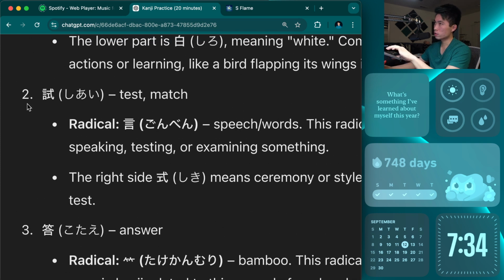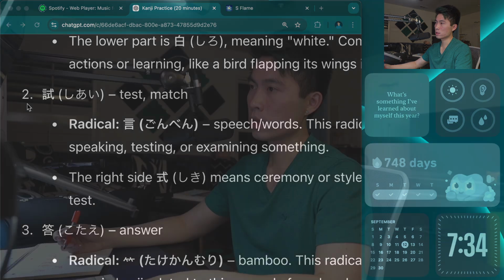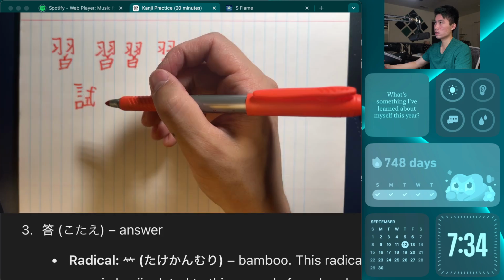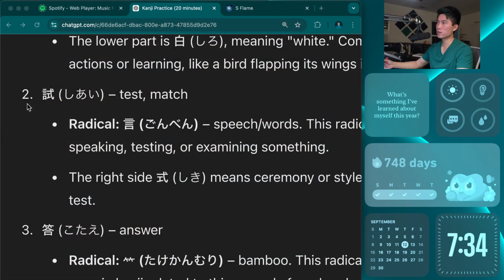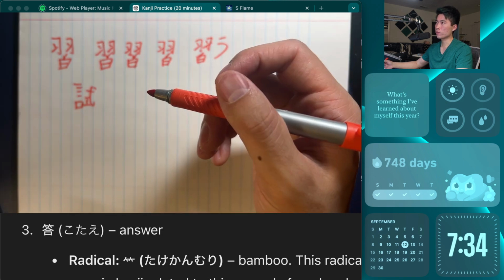So we have the left side. Before even reading ChatGPT, I just want to see if I know them already. I know the left side is like, words, I guess. Let me see. So these are all the camera views. I should have used this one to introduce the video, but I want to keep things simple right now.